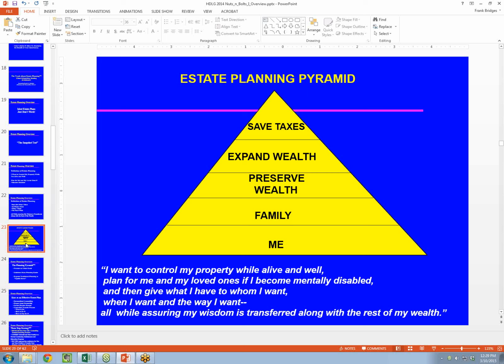Now, we spend a lot of time on the issue of preserving wealth. That's primarily our job, to make sure that the wealth is not lost through one thing or another. We don't spend a lot of time in our practice helping people expand wealth, because we aren't financial advisors. But if someone has figured out how they can preserve wealth, and there are ideas to expand it, then they're all ears.